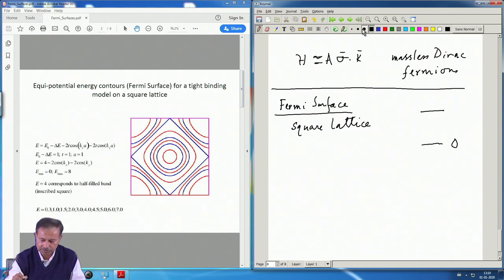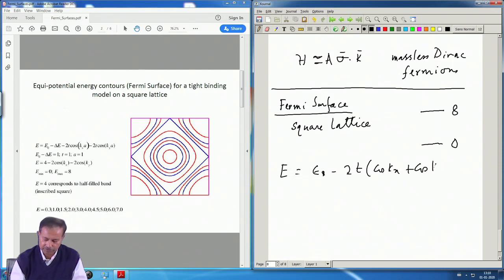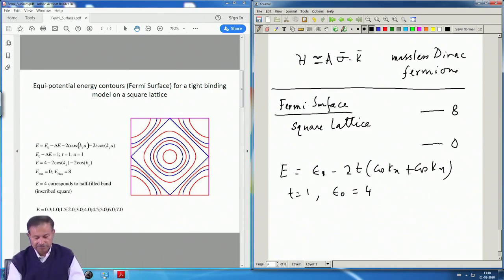Remember if you look at your expression, E equal to epsilon naught minus 2T times cos kx plus cos ky for a square lattice. This is a 2-dimensional square lattice. So, this is the tight binding band. So, T equal to 1, epsilon naught is chosen to be 4. So, your bandwidth as we mentioned the other day has to be 8T. So, that is exact.